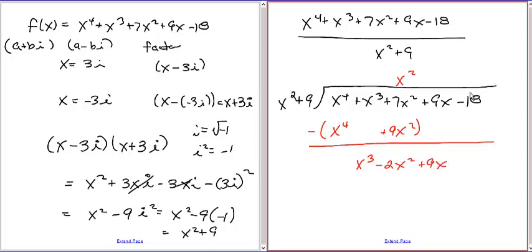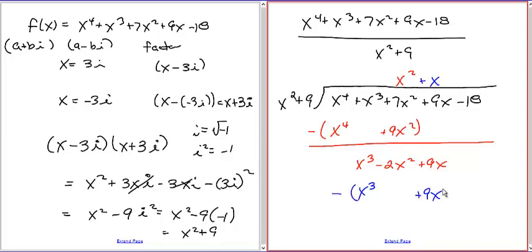Okay. Now we ask the question, what do I need to multiply x squared by to get x cubed? Well, the answer is plus x. x times x squared is x cubed. That's what I'm looking for. There is no x squared term. And then x times 9, so it's plus 9x.